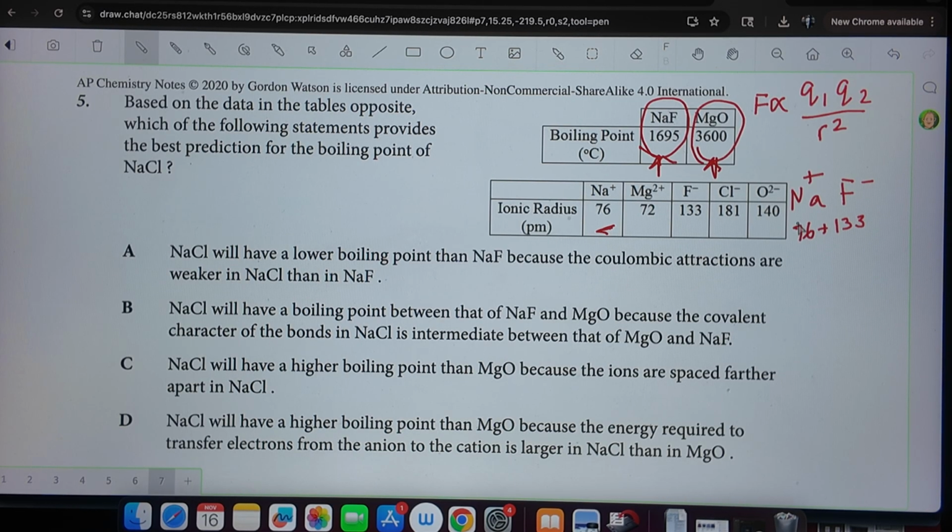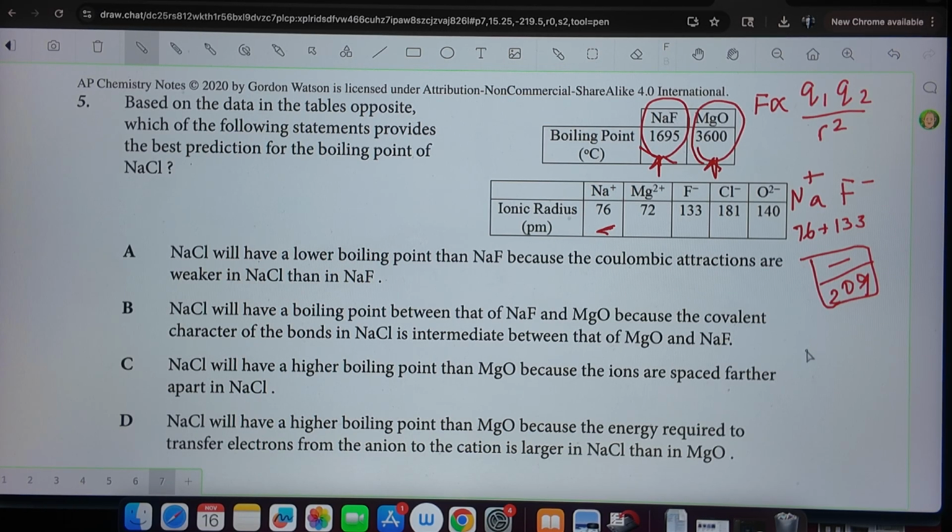So the attraction here would be nothing too crazy. Positive times negative would be negative, over 209. So it would be something negative for the charge.